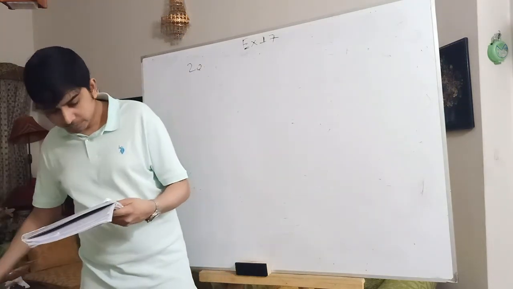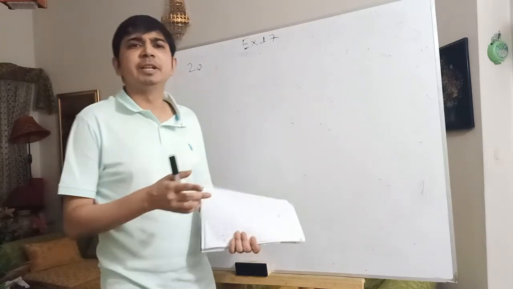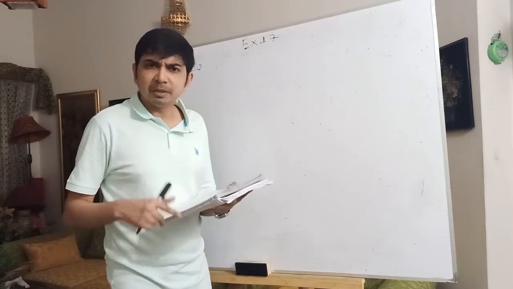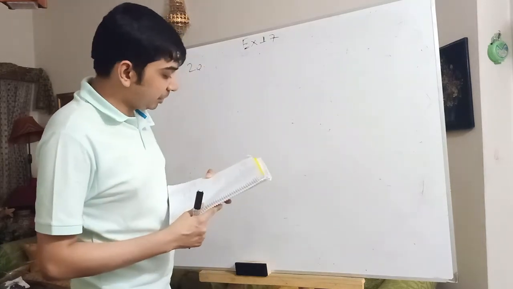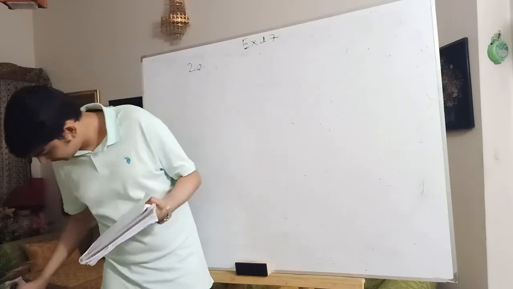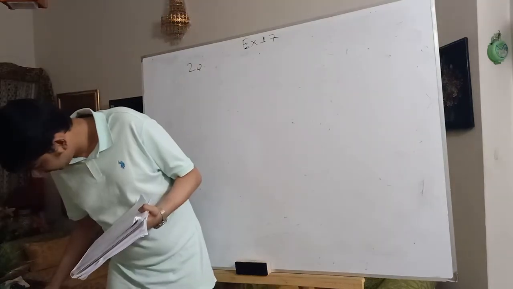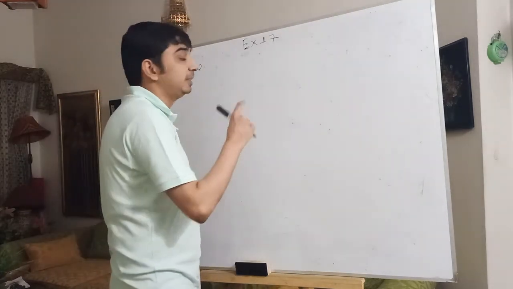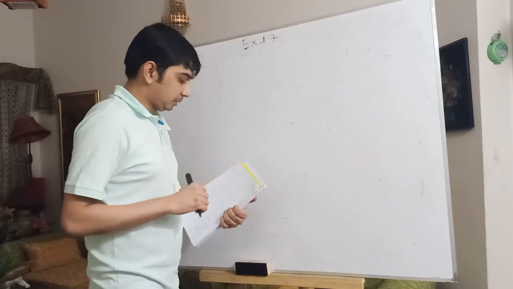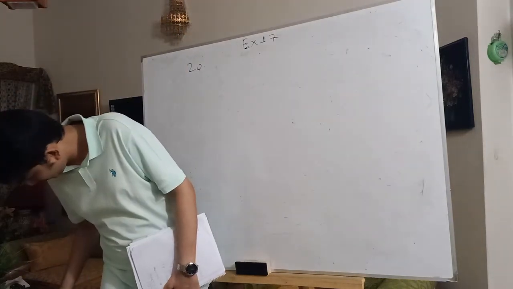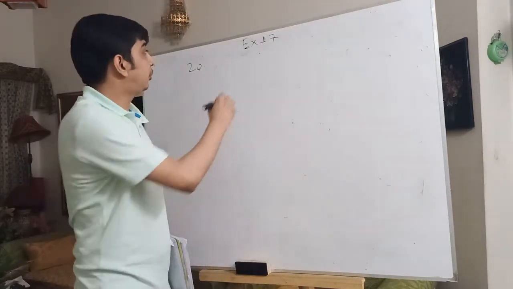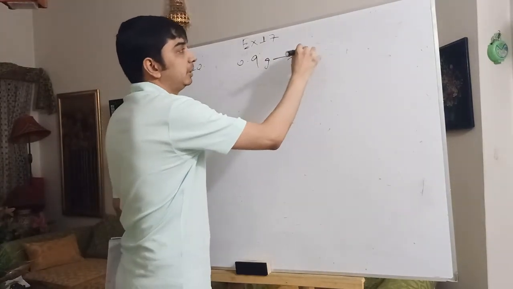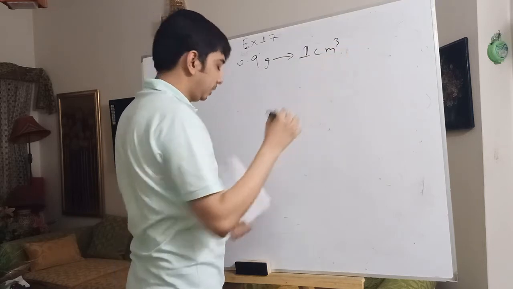So first, in order to find the volume, you have the formula: density is equal to mass by volume. By manipulating that formula, we can find it. But let us use the unitary method. So you have 0.9 gram per centimeter cube, that's the density of the oil. For 0.9 gram, the volume is going to be 1 centimeter cube.